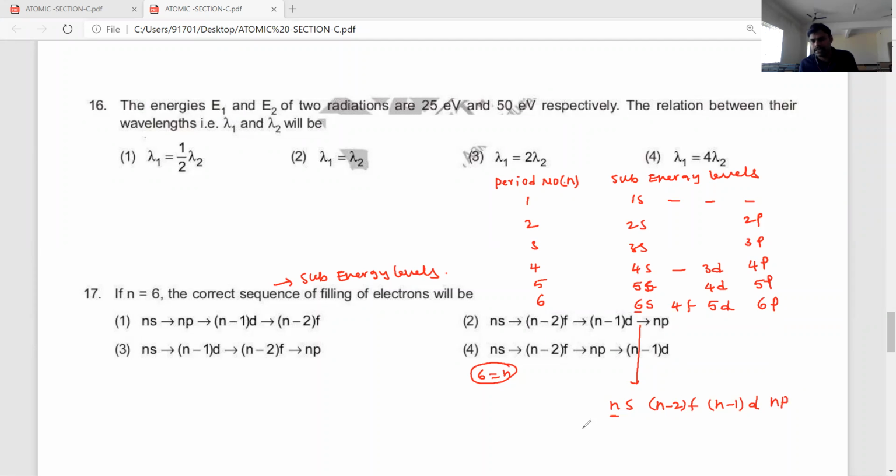Then if you take n is equal to 6, that is nothing but 6s, 4f, 5d and 6p energy levels present in n is equal to 6. So the answer is ns, n minus 2 f, n minus 1 d, np. Understood? Clear?